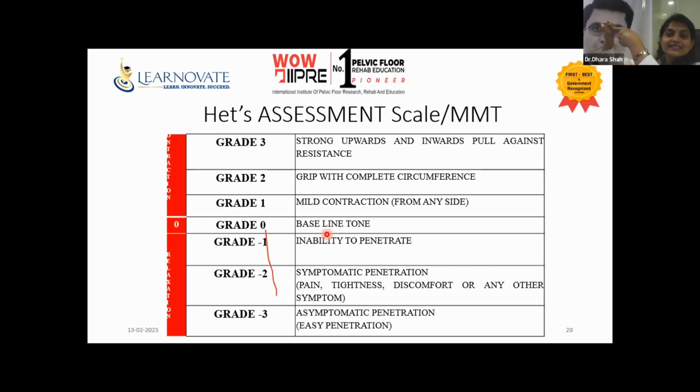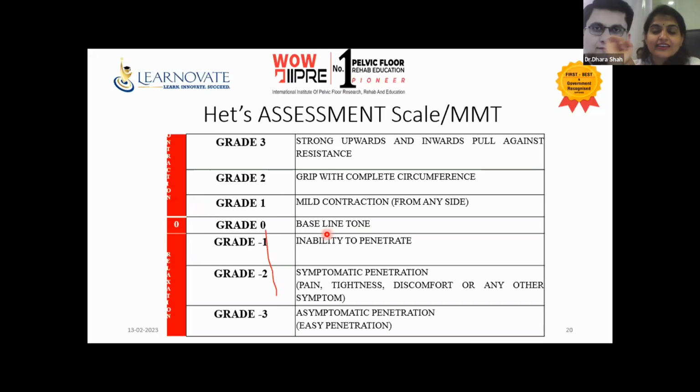So -1 is inability to penetrate. -2 is symptomatic penetration: penetration is possible, but with symptoms of pain, tightness, discomfort, or any other symptom. -3 means asymptomatic penetration, a very easy penetration. So -1, inability to penetrate. -2, symptomatic penetration. And -3, asymptomatic penetration or easy penetration.